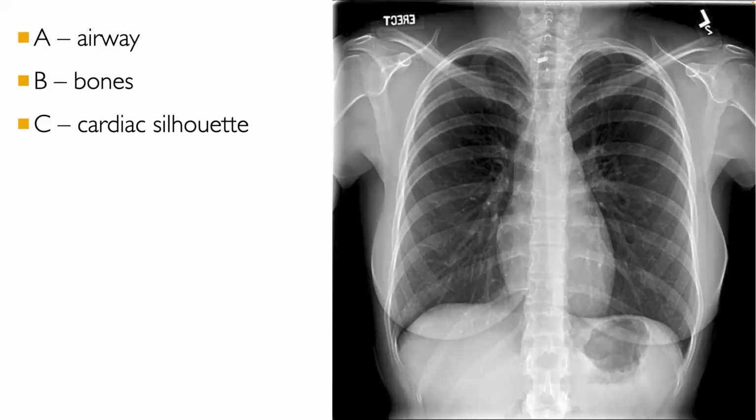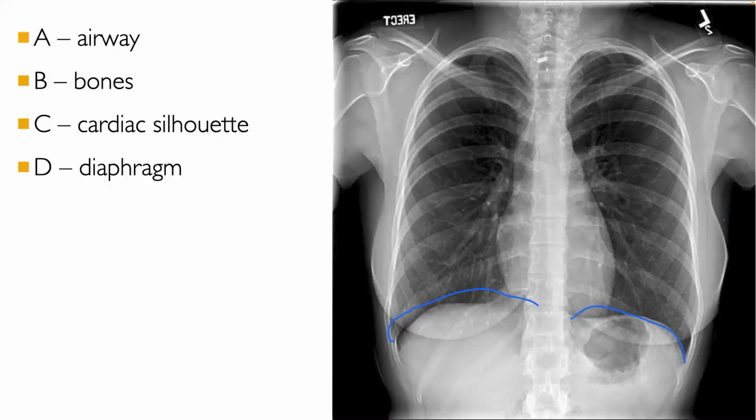Cardiac silhouette, the heart size from that standpoint, and we'll talk about this a little bit. The heart itself should be no more than half the size of the actual chest cavity. Our diaphragm, okay, is the left higher than the right?